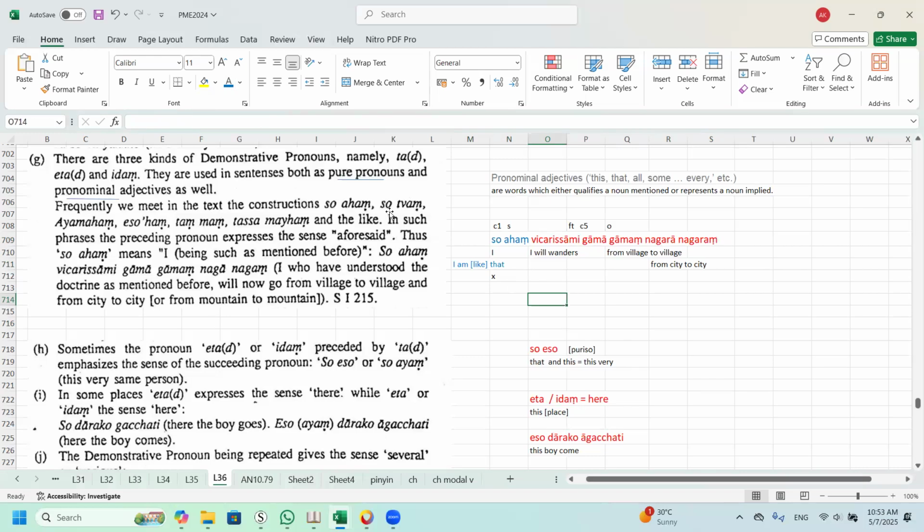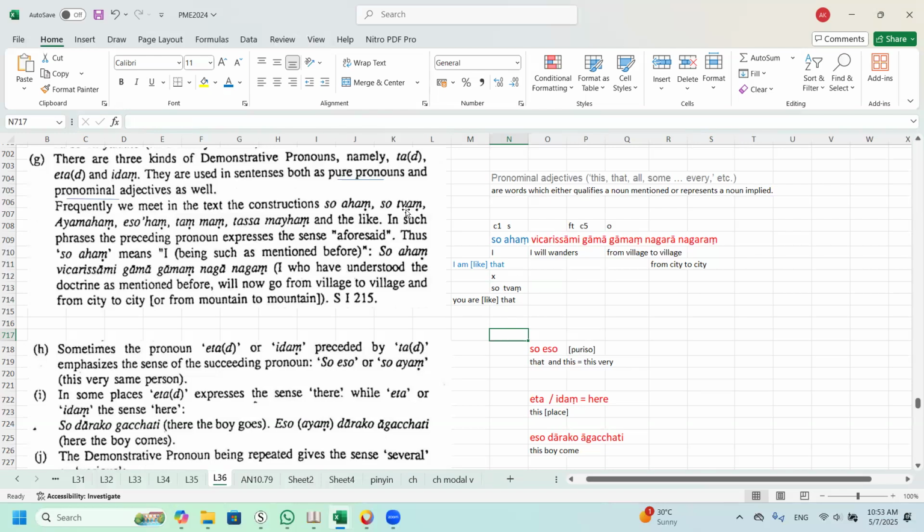If it's so tuam, that means you are like that. You are like that. In Chinese, 我係咁樣咯，我係咁樣啊。I'm like that, so no need to mention like that.